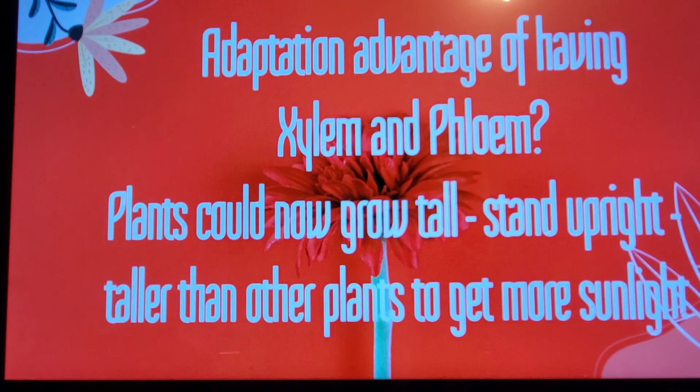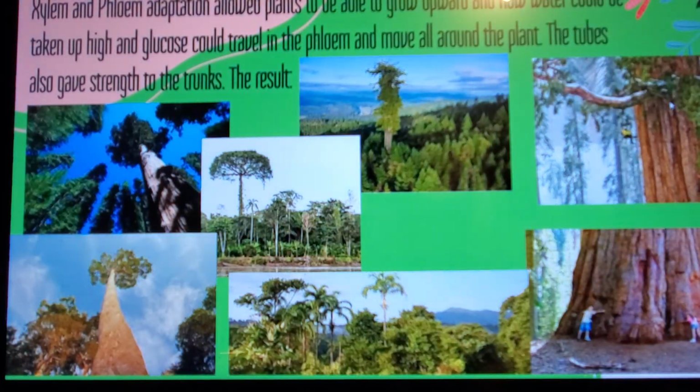Before, everything just grew flat, but with xylem and phloem, it allowed plants to grow upward. And now water could be taken up as high as the plant could grow. Water could be taken all the way up there. Glucose could be taken anywhere the plant was growing, not just flat. And it also gave strength to the structure of the plant.